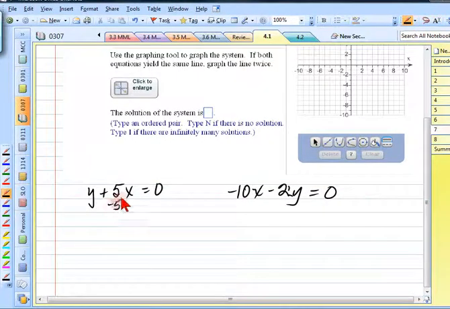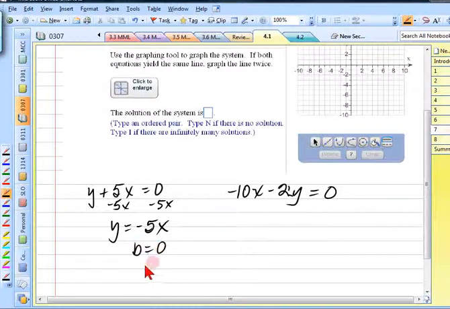So for the first one, I'm going to subtract 5x from both sides, and y is equal to negative 5x. Where will I begin? 0. You can have just, I mean, it's already done. It's already done? Okay, 0's up here, so 0 will be my beginning point, and 5 will be up, and then put the 1 up here.